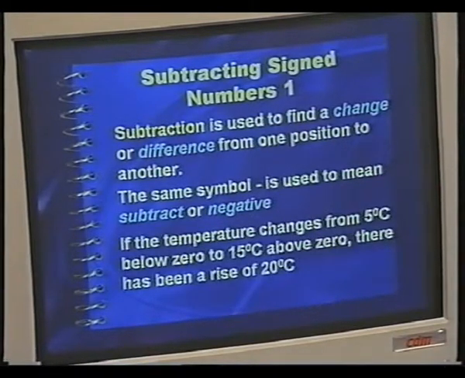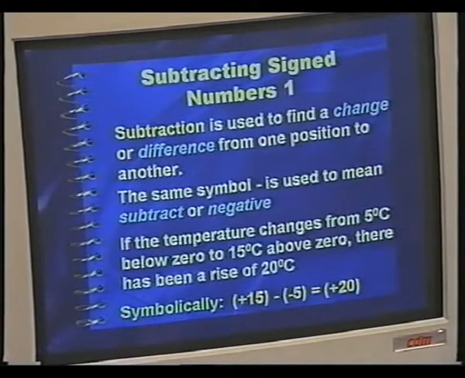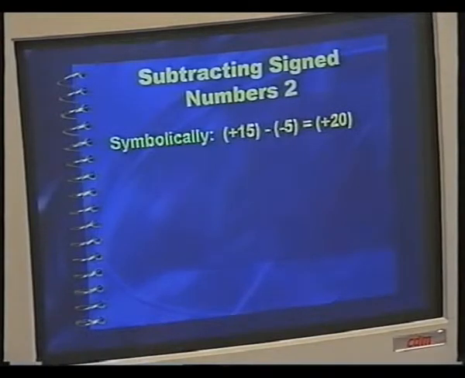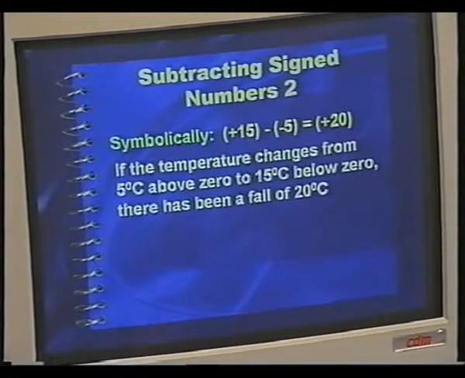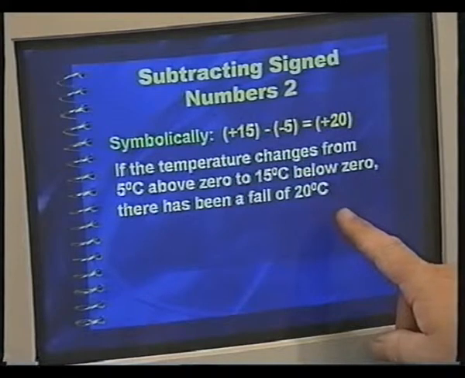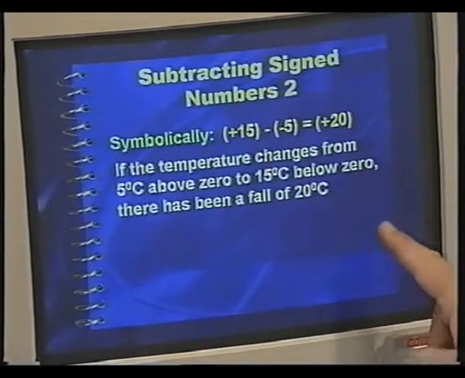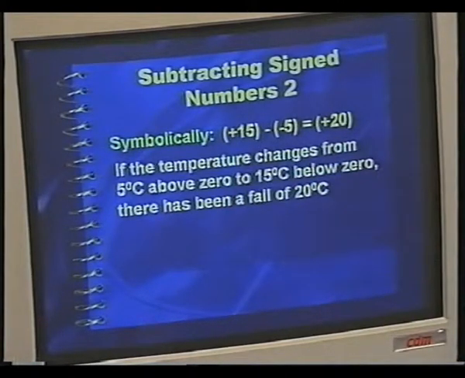But here's an example. We've got the temperature changing from 5 degrees below zero to 15 degrees above zero. There's been a rise of 20 degrees. That's pretty obvious. How do we write that down? Positive 15, subtract negative 5 equals positive 20. It's a 20 degree change. So I've got that written here. Some other examples: if the temperature changes from 5 degrees above to 15 below, again, there's been a fall of 20.